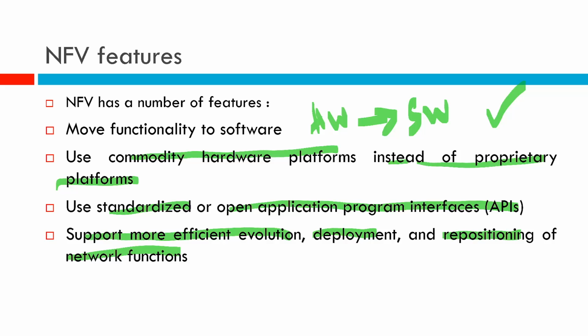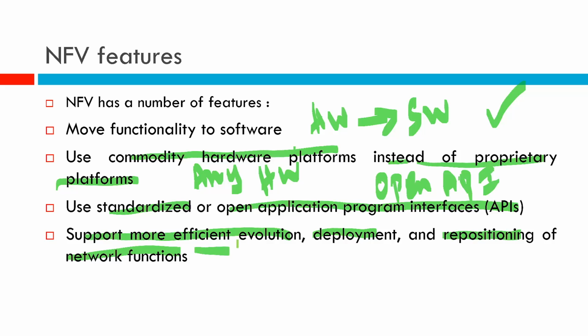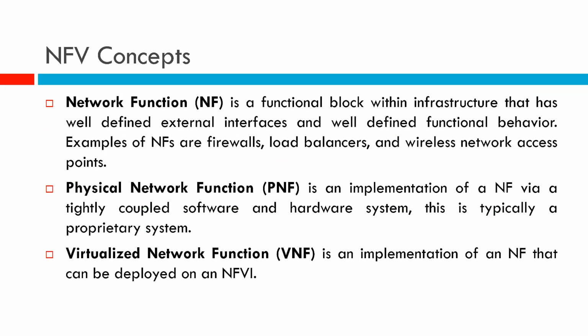Any hardware we can use, and then any standardized or open application, open API can be used, and then it has more efficiency in terms of evolution, deployment, repositioning, and network functions. Okay, so concepts. So students, you need to understand these things when you go through the short answer and multiple choice questions.